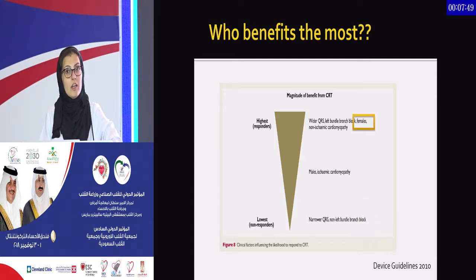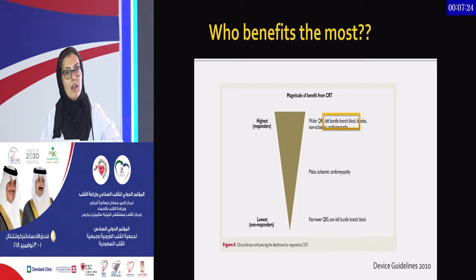The second one, luckily, females seem to have an upper hand in this, in that CRT seems to have a better improvement in females as opposed to men. Additionally, the morphology of that wide QRS is also equally important. So as I've mentioned earlier on, left bundle branch block, definitely patients with that fare better than the non-left bundle branch block population.